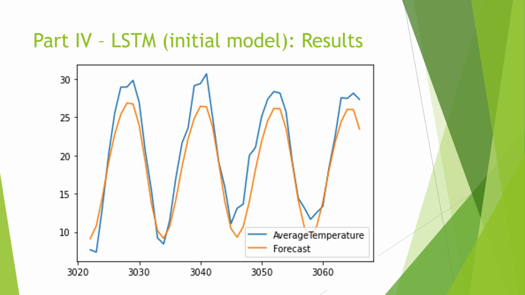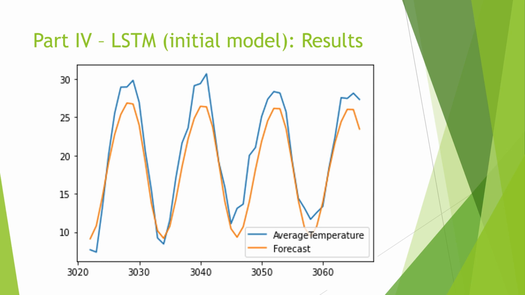The average error appears to be about 4 degrees Celsius just from eyeballing the distance between the two waves. So the model's predictions definitely follow the actual numbers pretty closely, indicating that the model did successfully learn the relationship in the sequence data, the average temperatures.